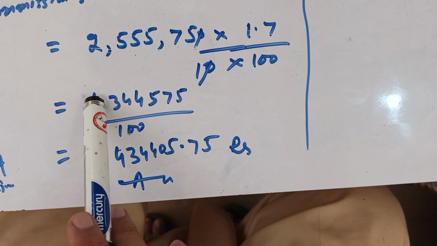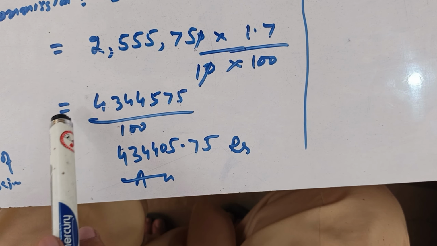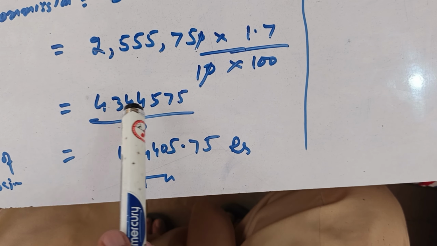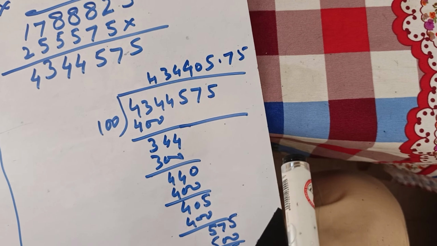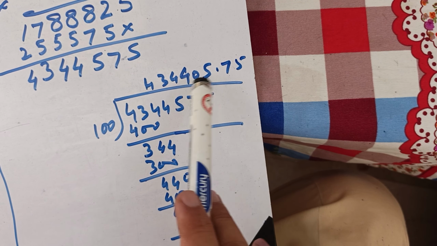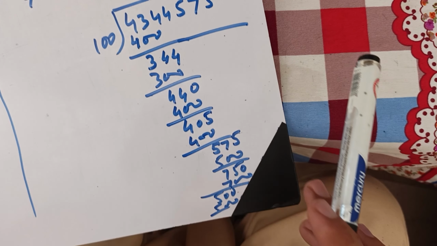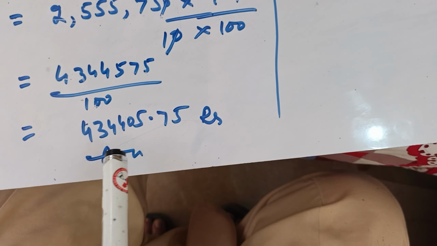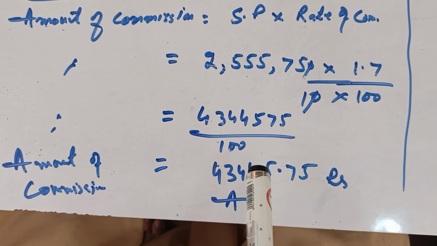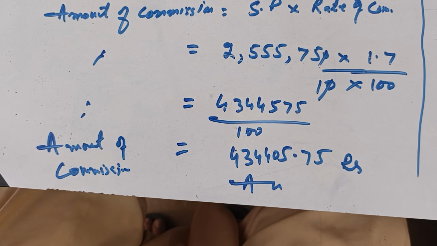I have written it here, and 100 I have written here. At the next level I have divided by 100, and here you can see I have done this division process, and I have got this amount. So this was the amount of commission, and this is the answer of question number 10.